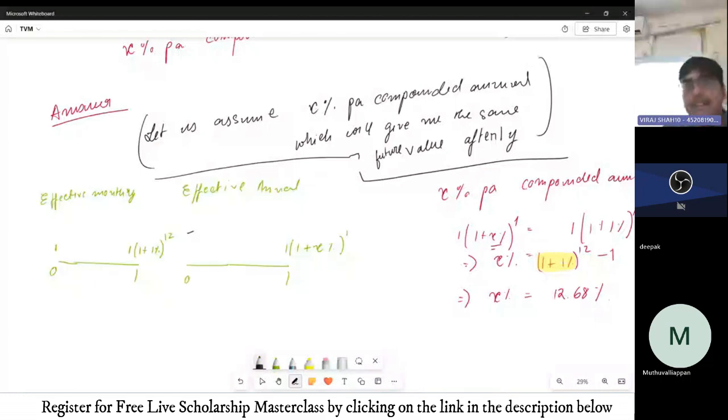It should give us the same future value as we have written above. Thus, 1 into 1 plus 1% to the power 12 is equal to 1 into 1 plus X% to the power 1. Find X.